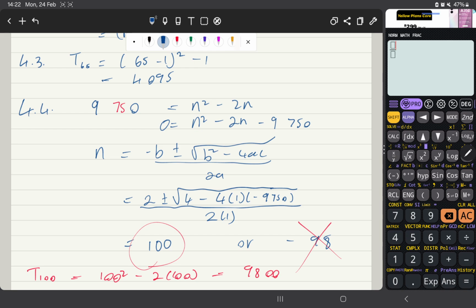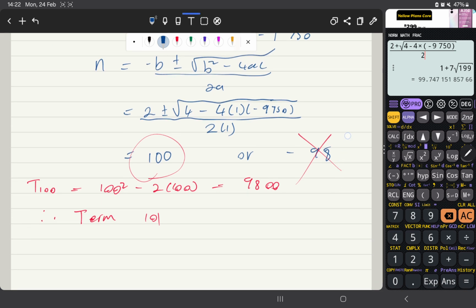I have 2 plus the square root of 4 minus 4 times 1 times minus 9,750, over 2. Now look at me. I'm getting 9.7 something blah blah blah. And if I do the minus, it's a negative value. I don't care about it.